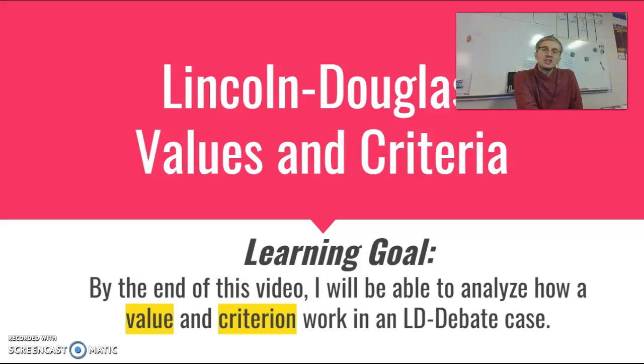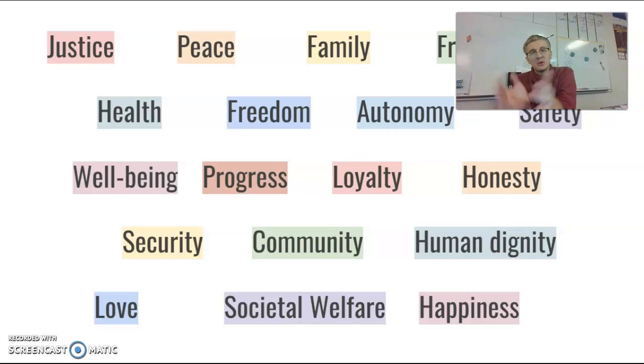One last thing I should mention about values and criterions here is that once you get to the rebuttal stage of the round, you will actually clash your value against each other. So even though these are all things that we'd kind of consider to be good in society, no one would say friendship or family is a bad thing, you will want to have a reason why your judge should prefer your value over another one.